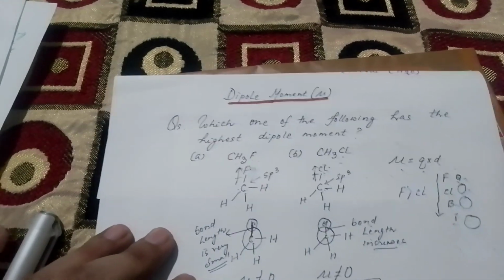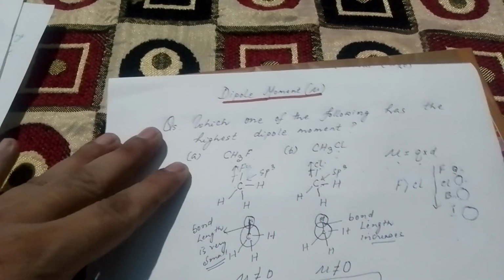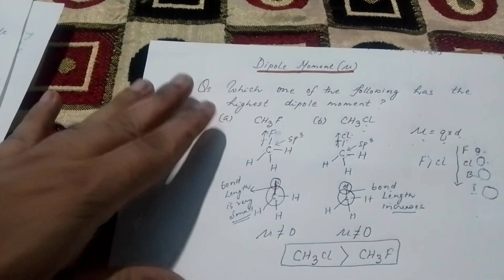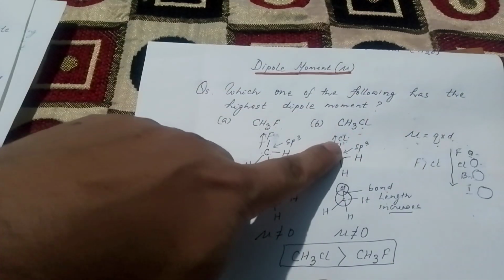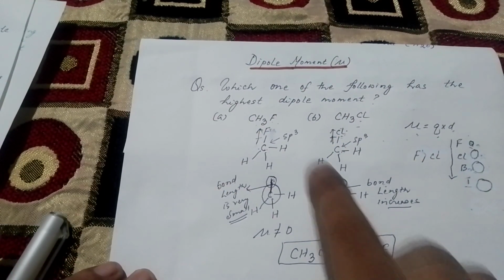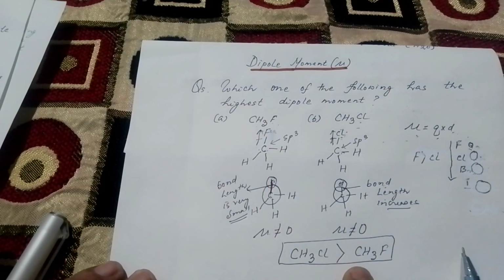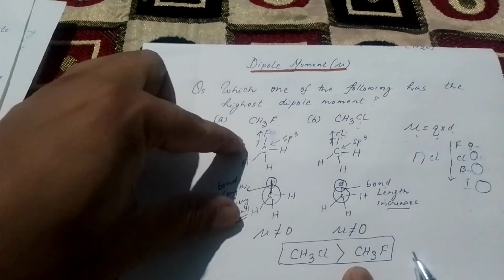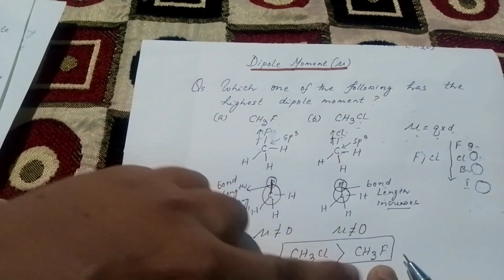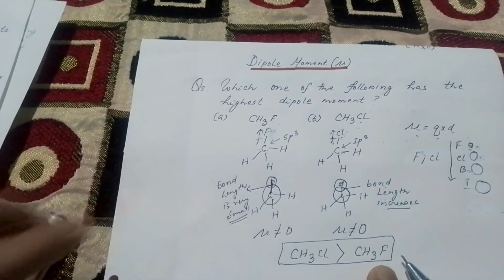Those who are listening, copy it here: methyl chloride, because of the larger atomic size of chlorine, has the maximum dipole moment, and fluorine, which has the smaller atomic radius, has a smaller bond length. Smaller bond length means smaller dipole moment. Larger bond length means larger dipole moment.